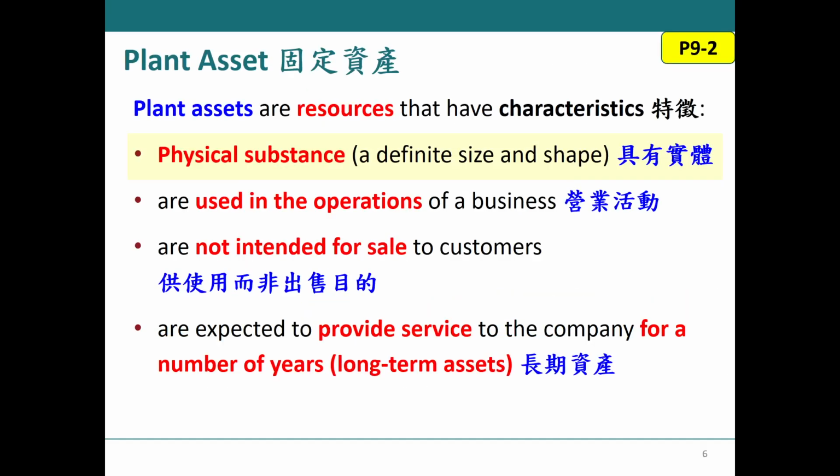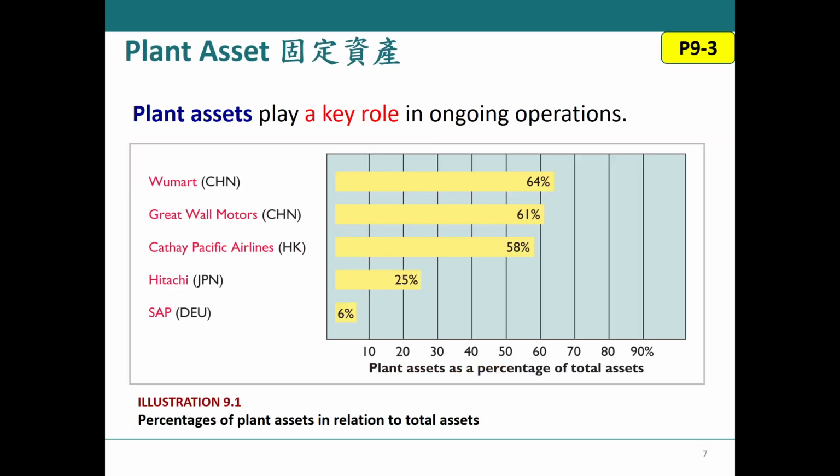Did you find out from this slide 7? Each company has a different percentage of plant assets.